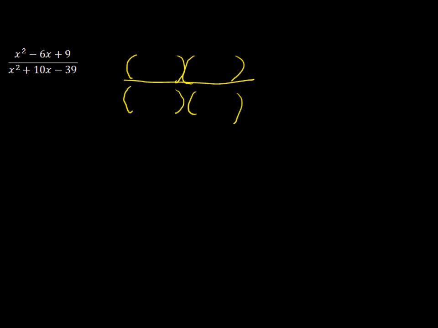We're going to try and factor the top part first. And the way you do that is you look at this number first, 9, and you ask yourself, what makes 9? 3 times 3 and 9 times 1. Because we're only interested in the whole numbers on this.